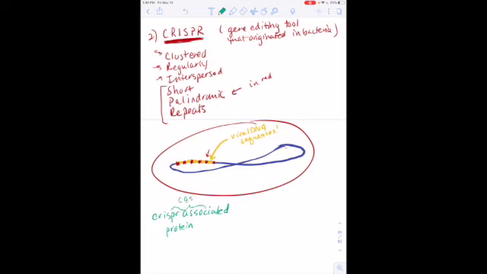So that's what Cas stands for. So there is what's called a Cas9 protein. And what happens is that this Cas9 protein, I'm just going to draw it like this.